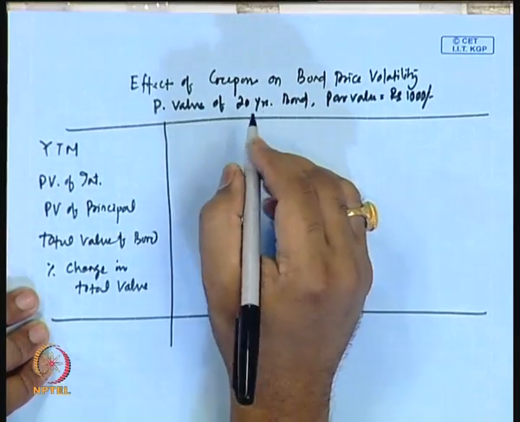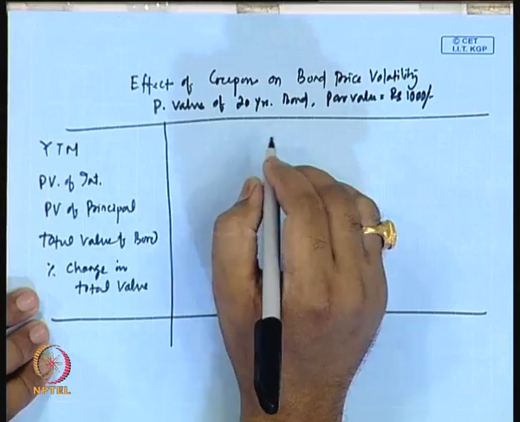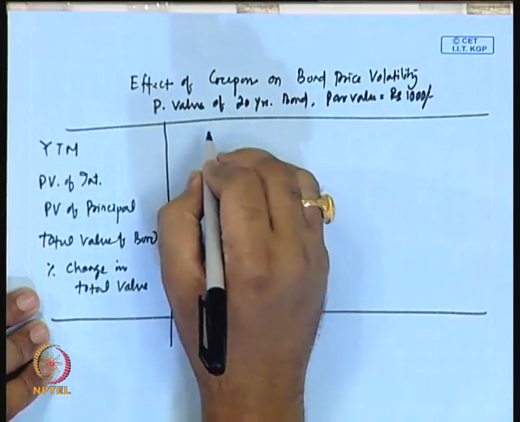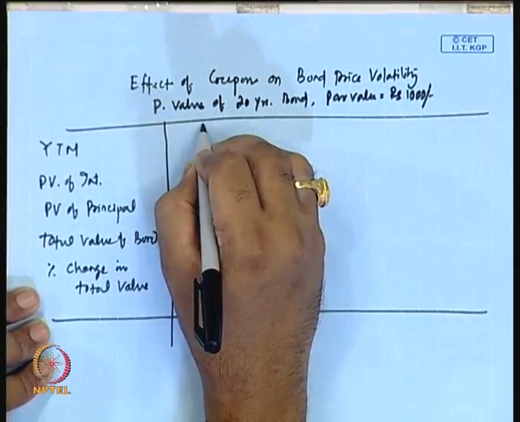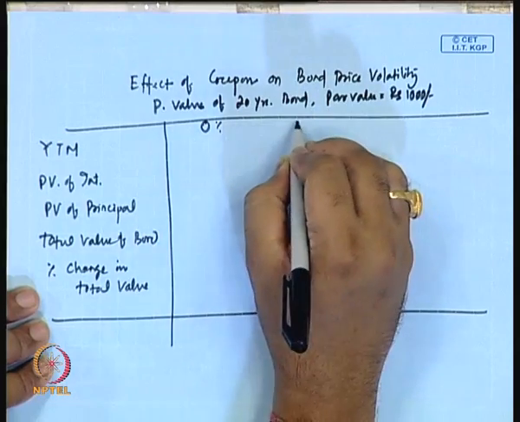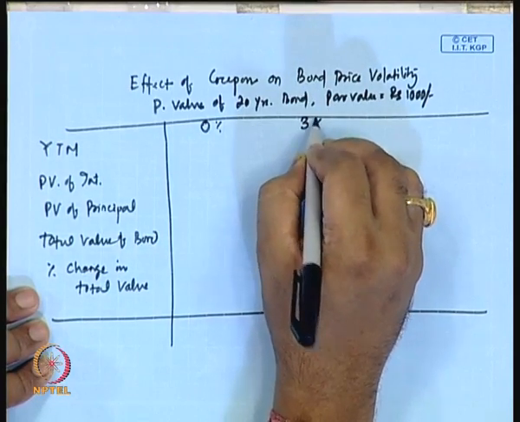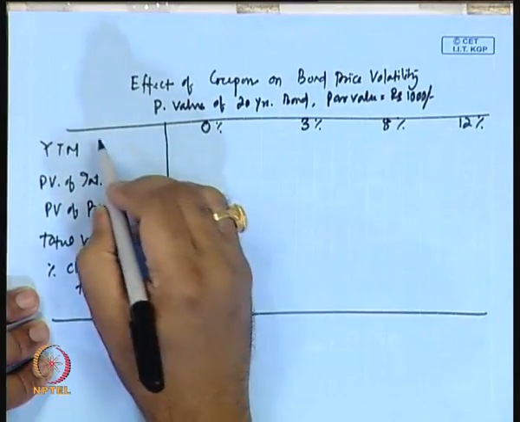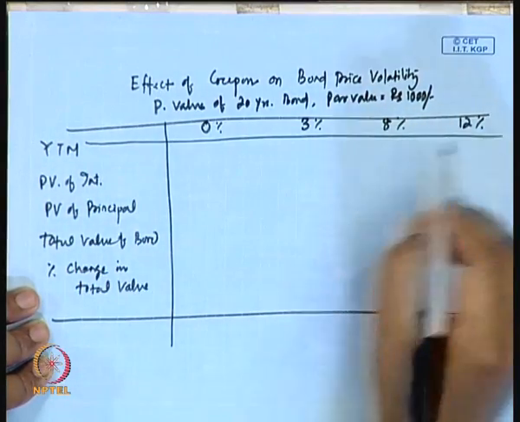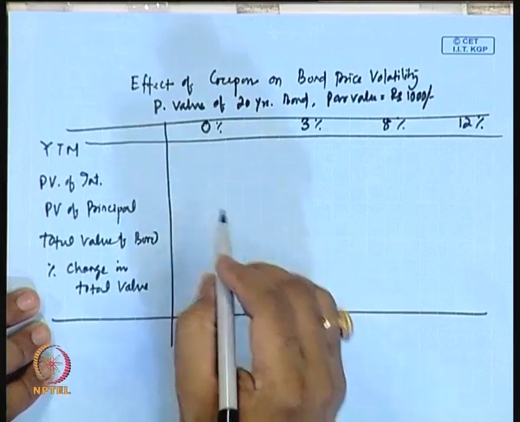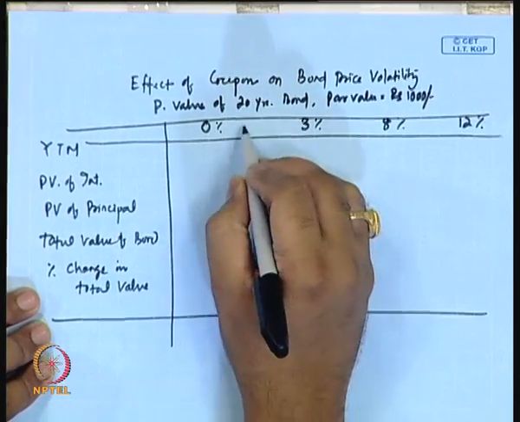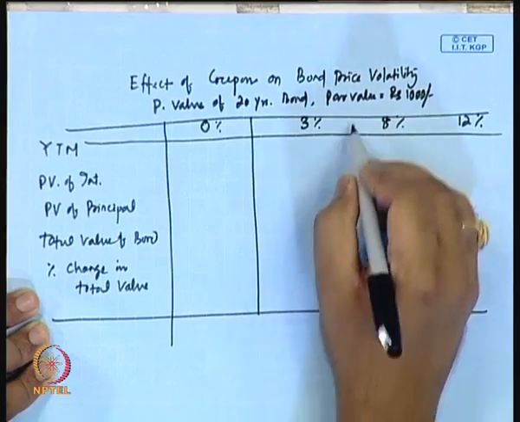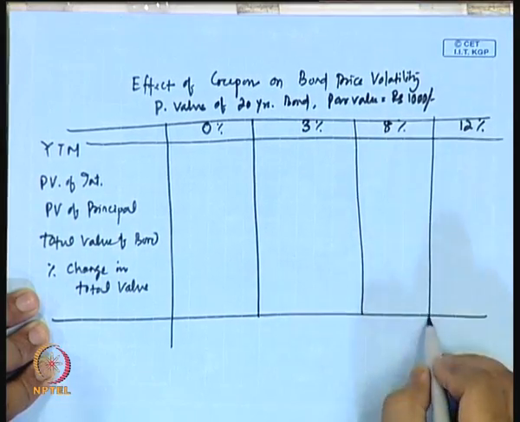Okay. Then the coupons from the beginning: let it be 0%, then 3%, then 8%, then 12%. These are the different coupons, and the YTM, as we already know, we have taken at 7% and 10%.